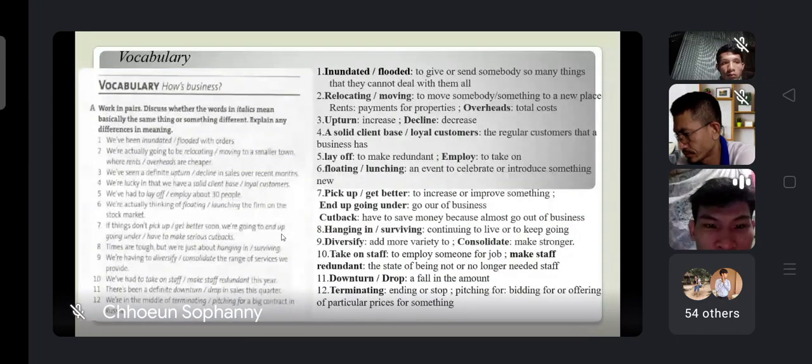And number 7 is pick up or get better. They have the same meaning, because they are ways to increase or improve something. You need to improve or increase your sales amount, or improve the total of the product. And another is end up going under.